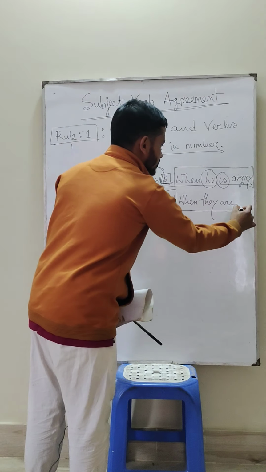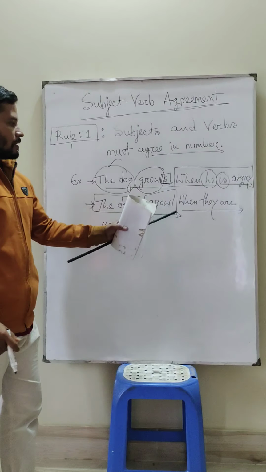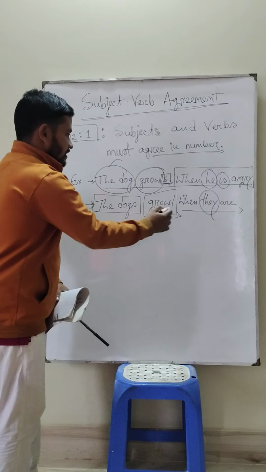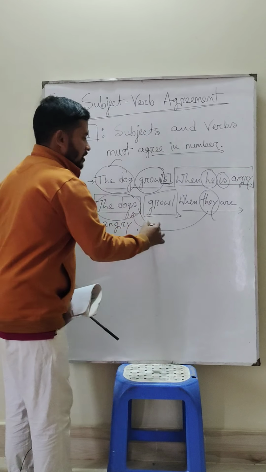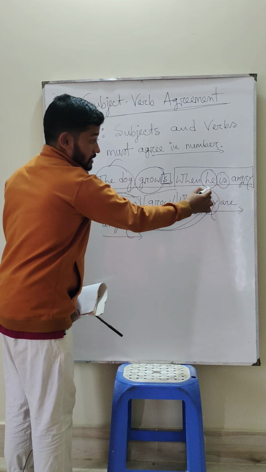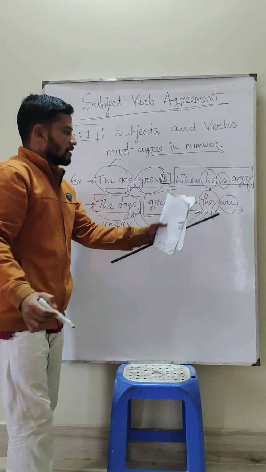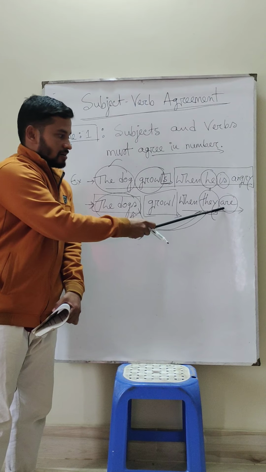In the same case, for the subordinate clause we use they, as in the principal clause the subject is the dogs, the pronoun is they. So for they, the verb is are.